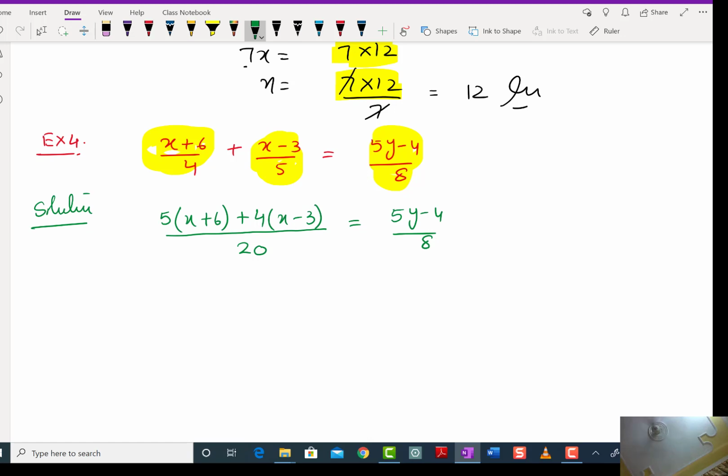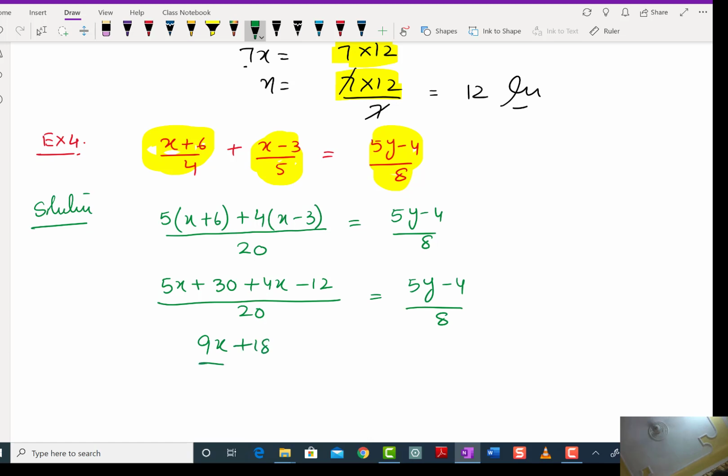Now what will we do? We'll open the bracket. 5x plus 30 plus 4x minus 12 by 20 is equal to 5x minus 4 by 8. So x is added, 9x plus 18 by 20 is equal to 5x minus 4 by 8.